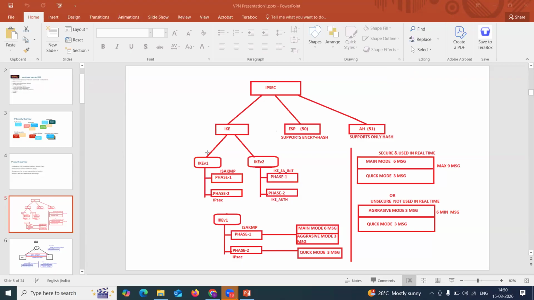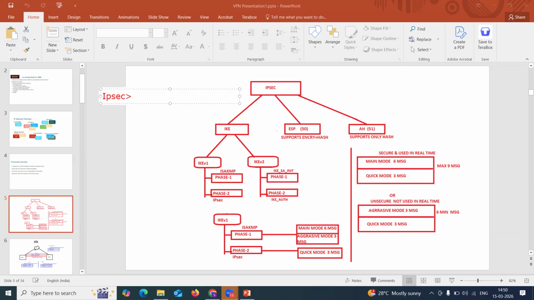Now we are moving towards IKE under IKE v1. Right now, forget about IKE v2. IKE v2 we will understand after completing IKE v1. So let's understand IKE v1 first of all. See guys, this is how you will say it: I know IPsec.